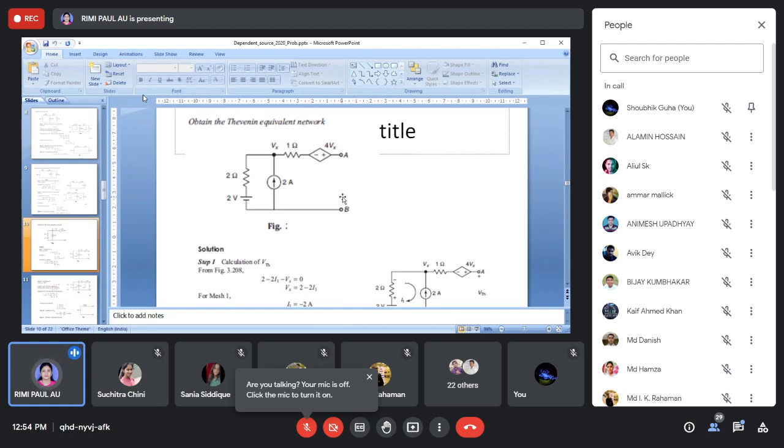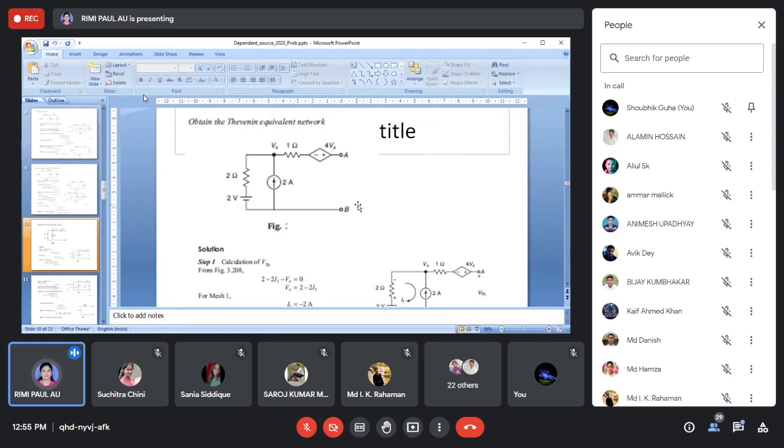First you have to remove the load resistance. In case of independent source, you first remove the load resistance, find VAB, then find ZTH, then you can find the load current from the equivalent Thevenin's network.